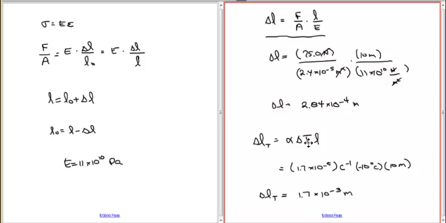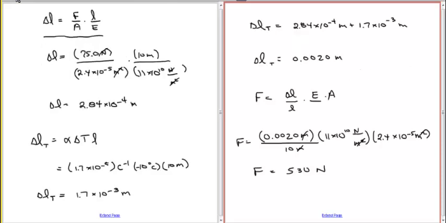And I find the length that it would normally contract, if it isn't restrained, to be 1.7 times 10 to the minus 3 meters. So the total amount this thing is stretched compared to its initial unstretched condition is 2.84 times 10 to the minus 4.